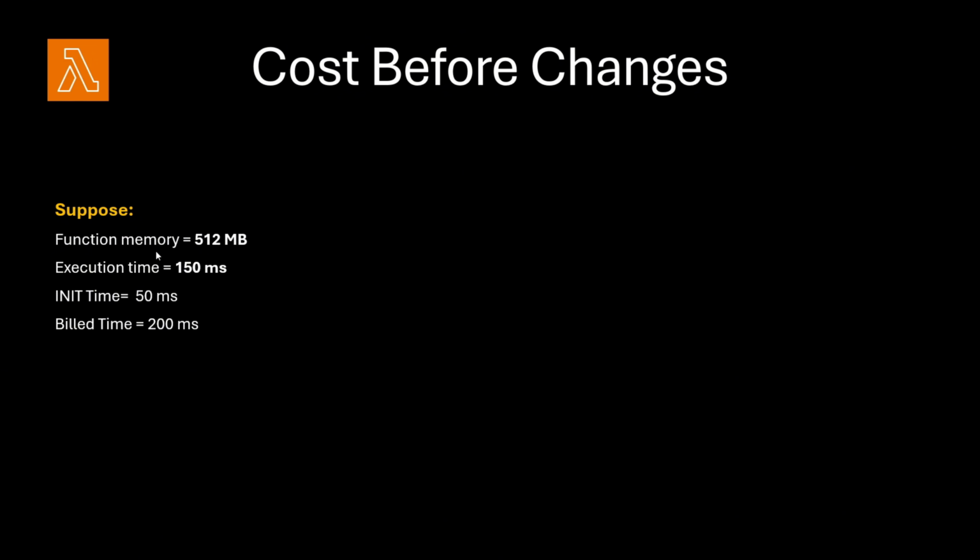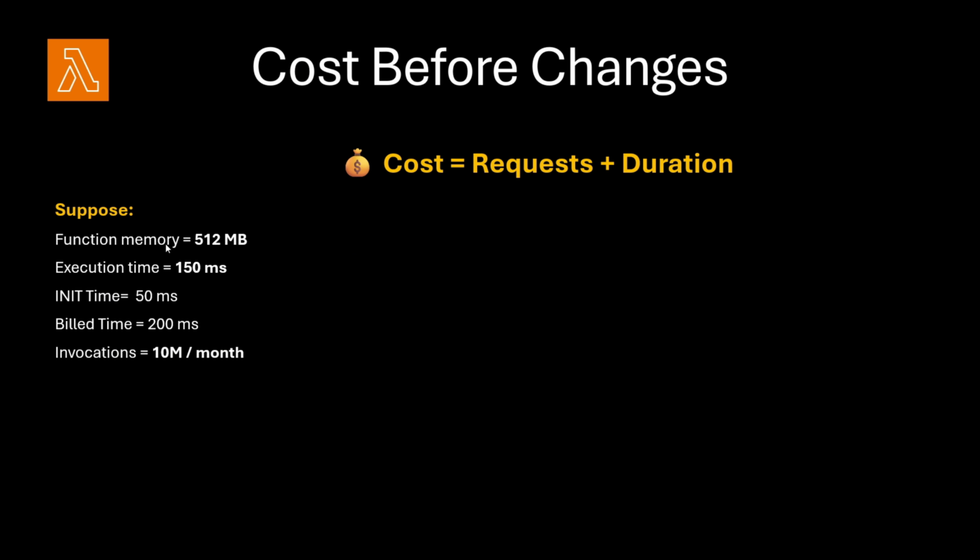So let's understand what the cost was before the changes. Same thing again: the function memory is 512 MB, execution time is 150 milliseconds, init time is 50 milliseconds, build duration 200 milliseconds, but we will not use 200 milliseconds in this example. We will only use 150 milliseconds. For a Lambda function, the total cost is the sum of the number of requests and the duration.